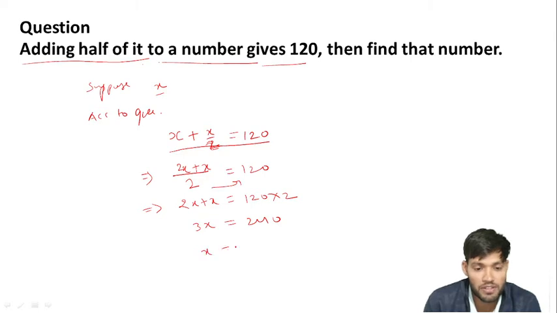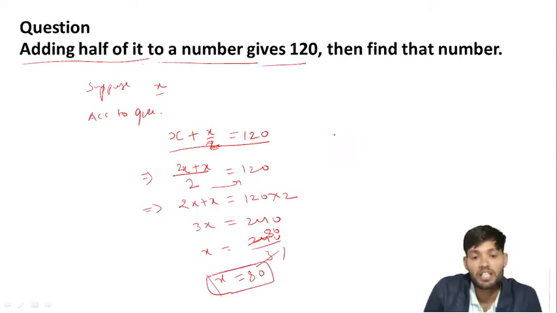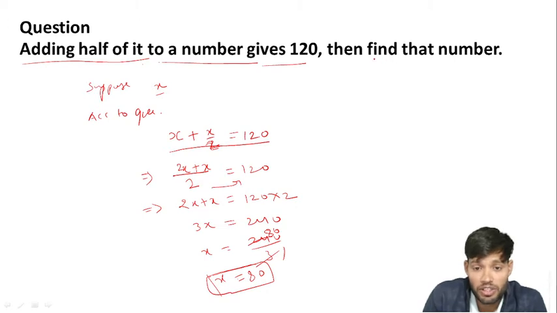Here x is equal to 240 by 3. 3 ones are 3, 3 eights are 24, and 0. x gives the value 80. Here the value of x is the number, and the question asked us to find that number, so that number will be 80.